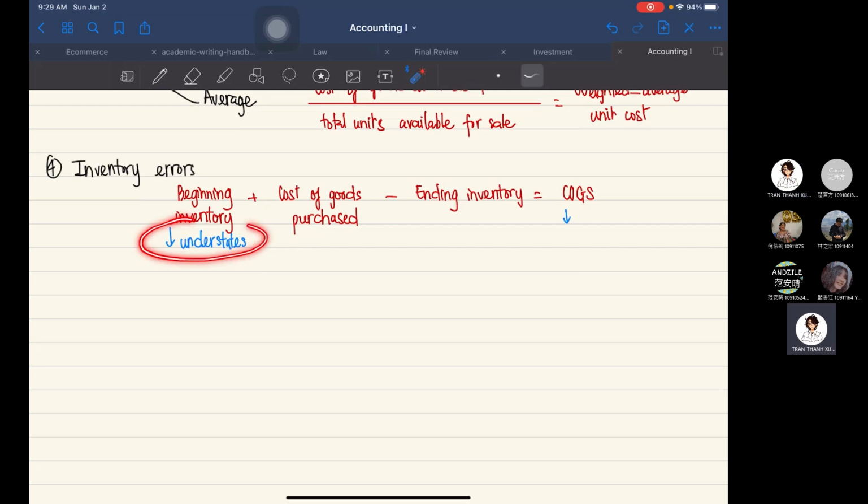So if this one is understated, it will lead to net income increasing. However, in another situation, net income may also increase: when the ending inventory is overstated, it will also lead to a decrease in cost of goods sold, and in the end it also makes net income increase.